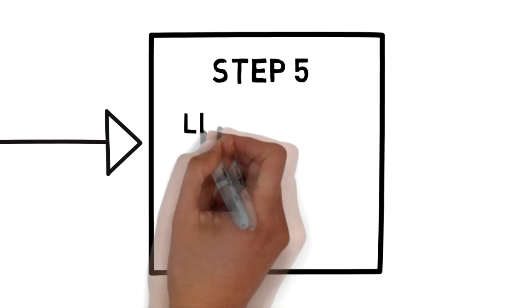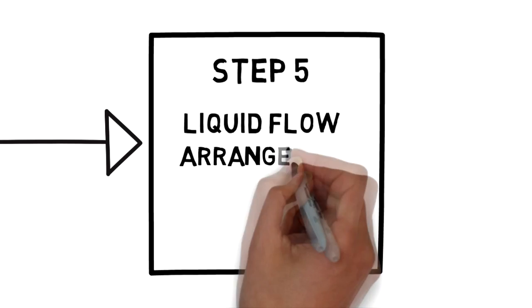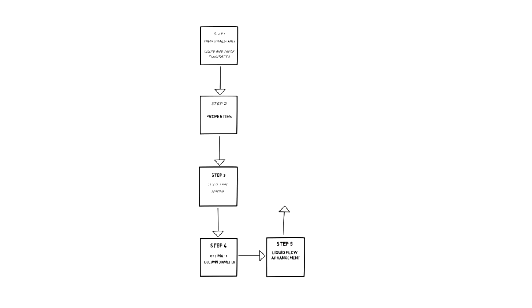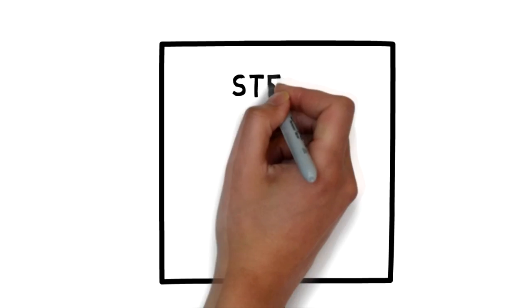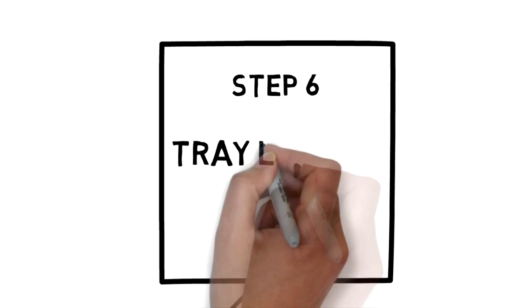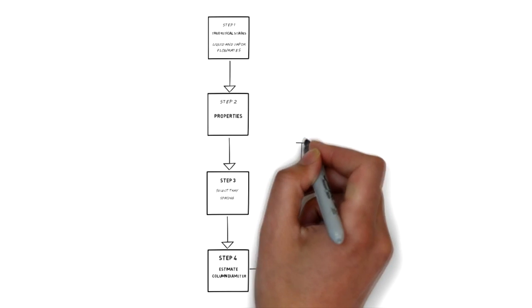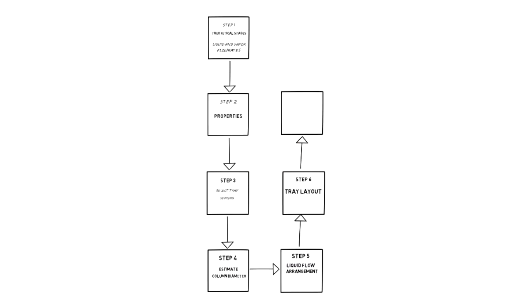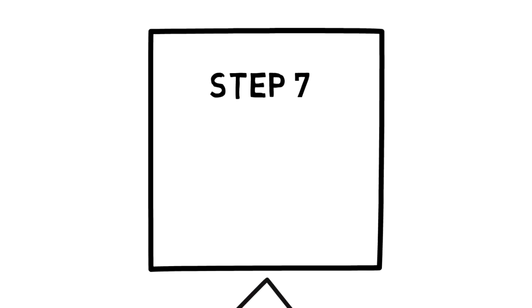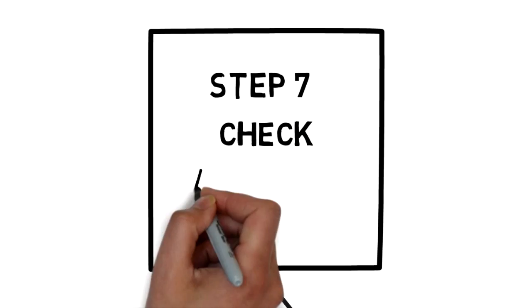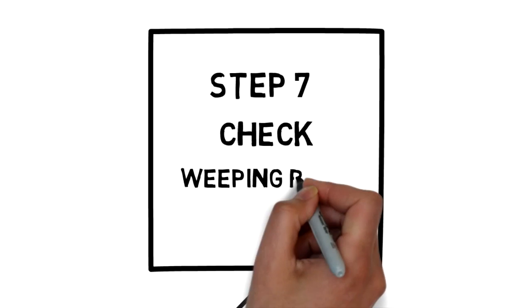Step number 5. Decide the liquid flow arrangement. Step number 6. Make a provisional tray layout including downcomer area and active area. Step number 7. Check the weeping rate.